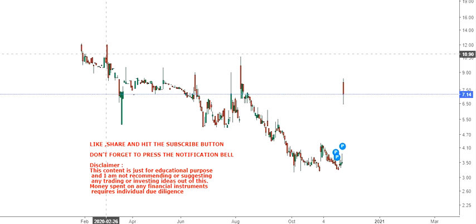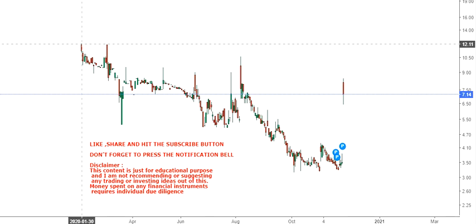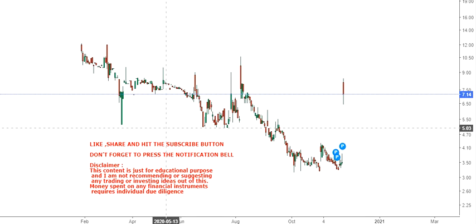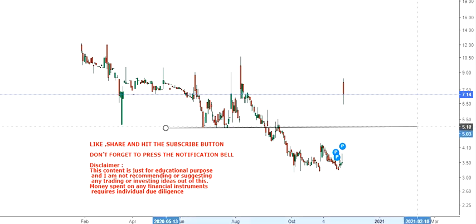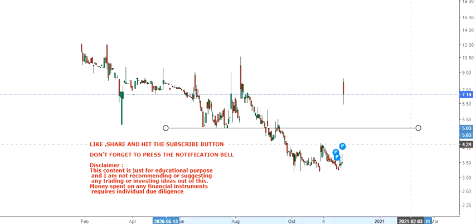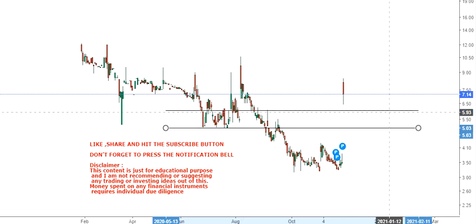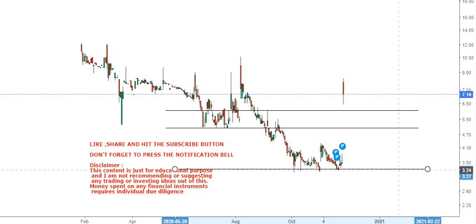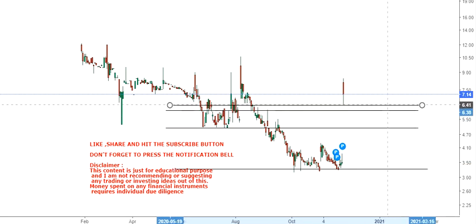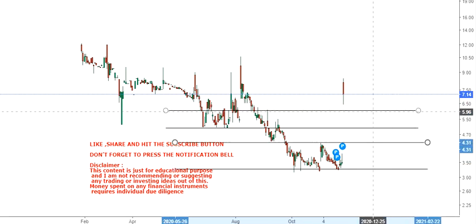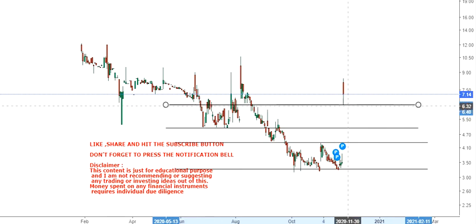First of all, we don't have much information about this stock, so that's why we are using the daily chart. Now, as you can see here, just have a look at it, the stock has jumped up with a huge gap up. Here you can see the way the stock has jumped up, and this is the level.